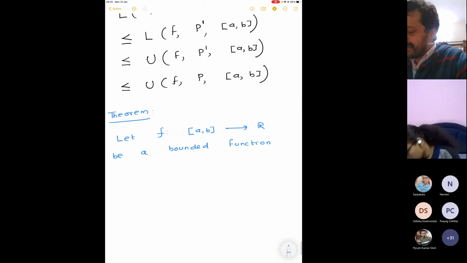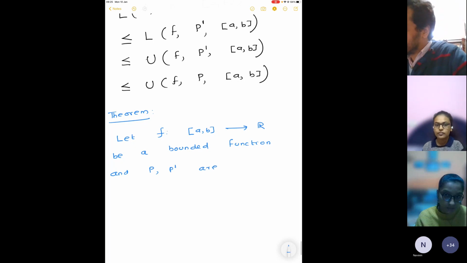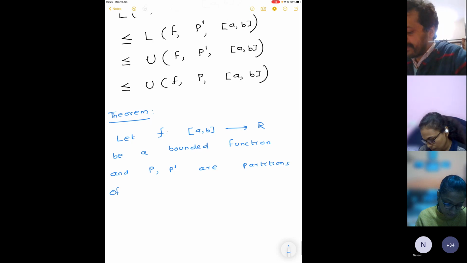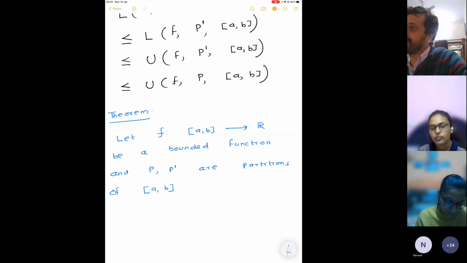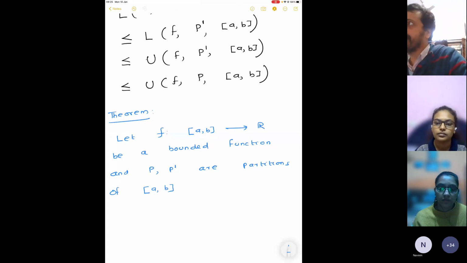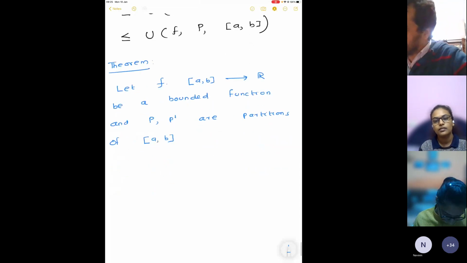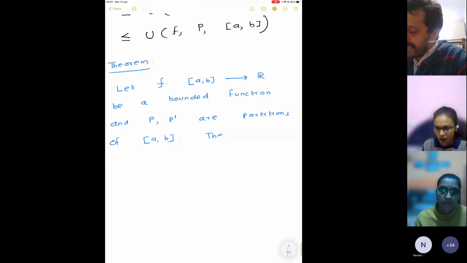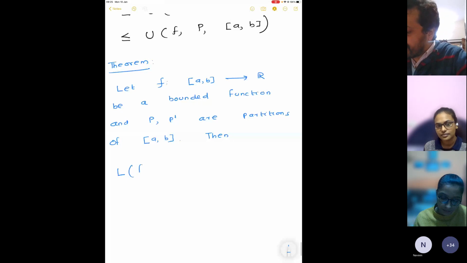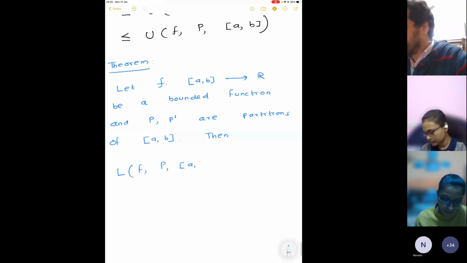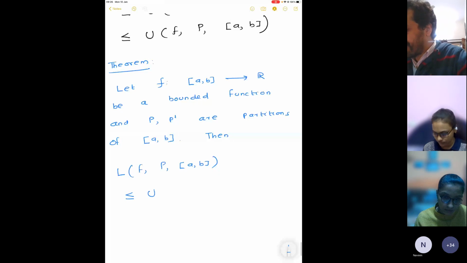Be a bounded function and P comma P dash are partitions of AB. I don't consider any conditions on P and P dash. They are just two partitions. I don't say P dash is a refinement of P or something like that. Okay. Then the lower Riemann sum corresponding to P is less than or equal to the upper Riemann sum corresponding to P dash.